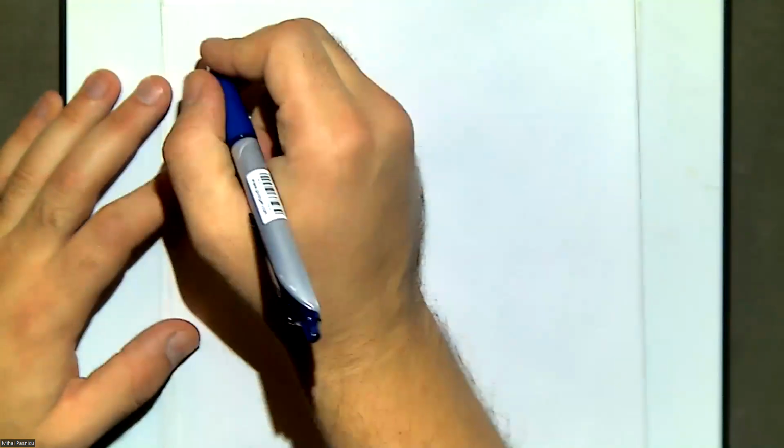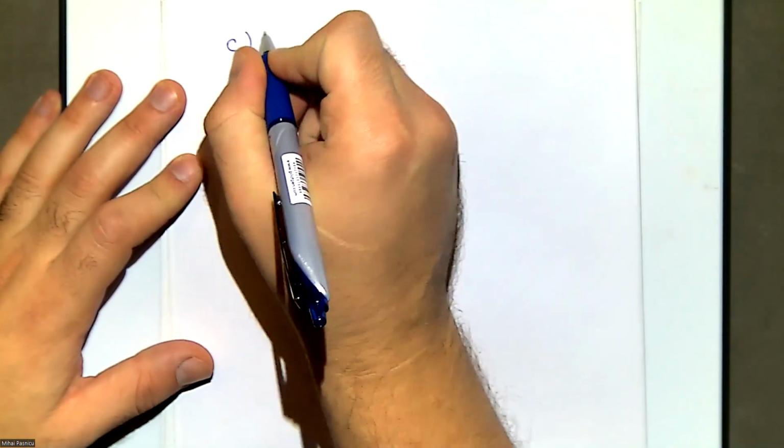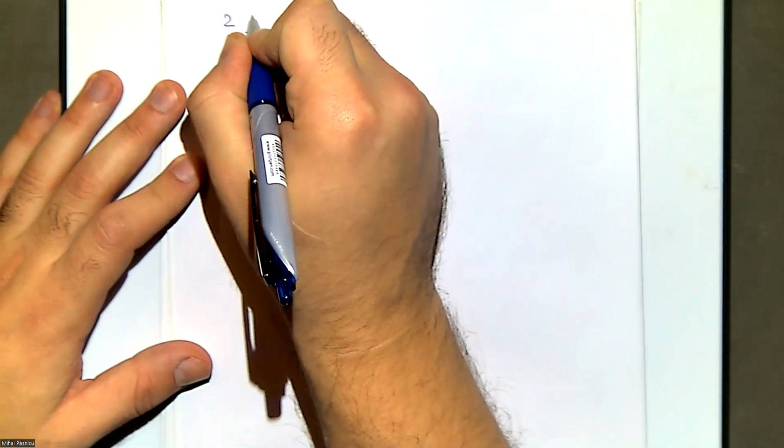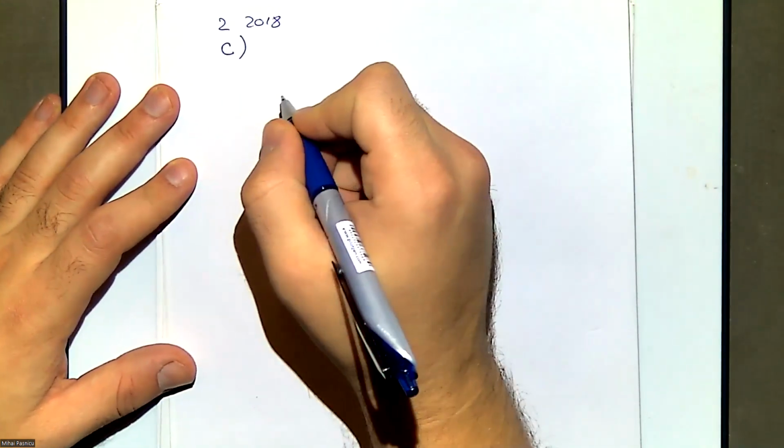Okay. So the problem asks me to find the general solution for x in (0, e). I didn't quite copy the thing. So problem number C from 2018.